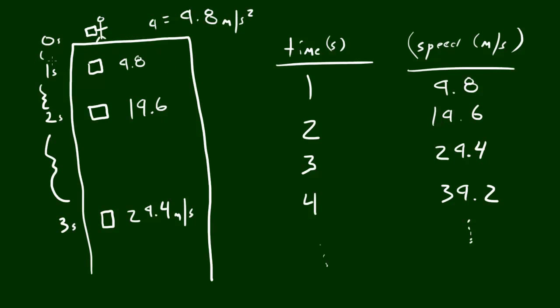It starts out going really slow, and then by the end of 4 and 5 seconds, it's traveling at a really fast rate. So it travels away from you faster. So just keep that in mind, and that's a difference between a constant speed and constant acceleration. Constant acceleration means that things are speeding up, traveling away from you faster and faster.